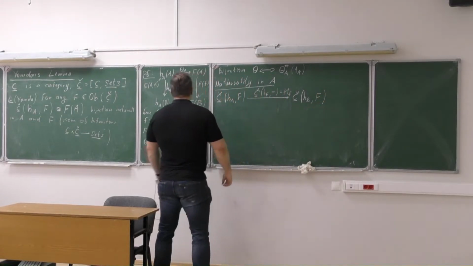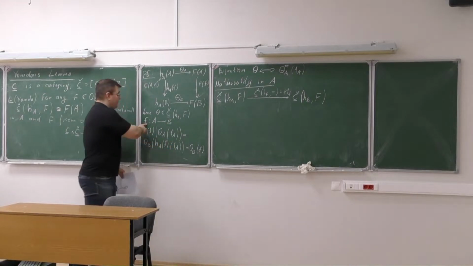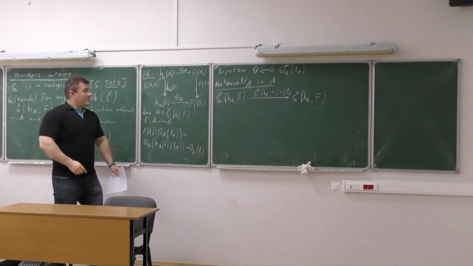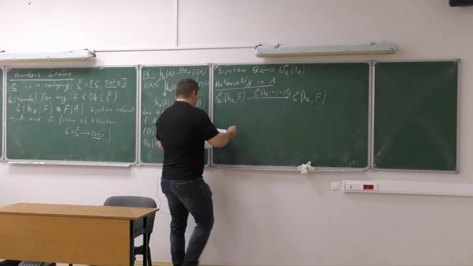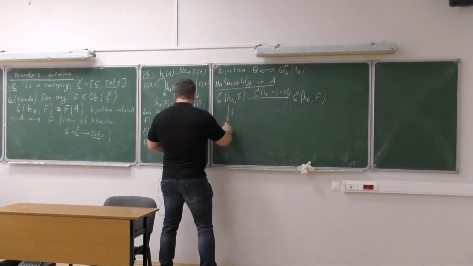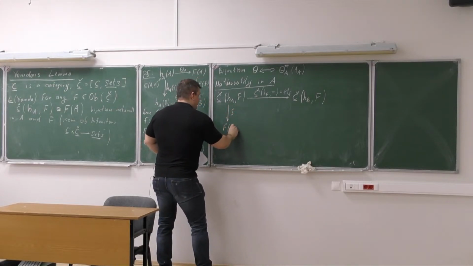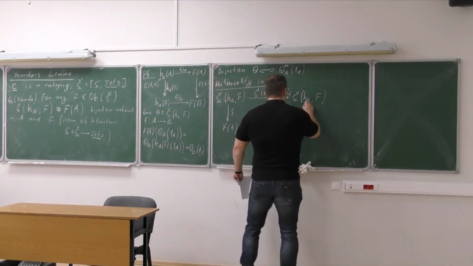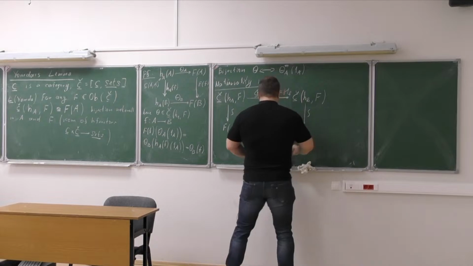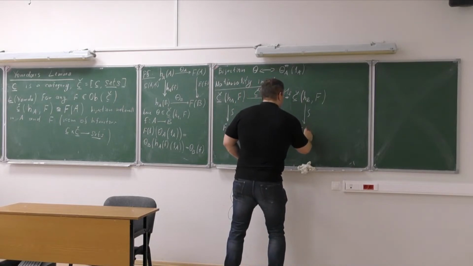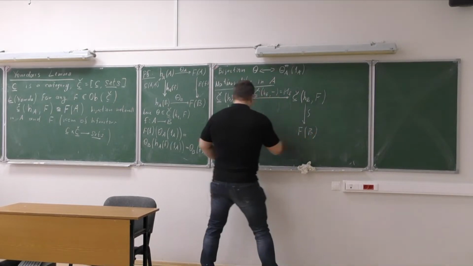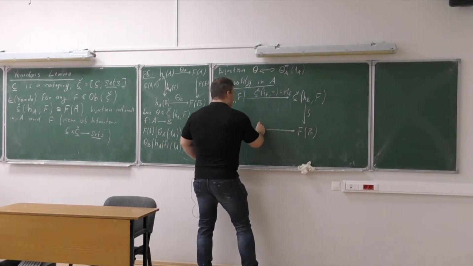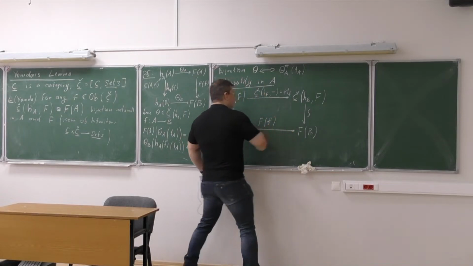So as before, I assume that I have this map f from A to B, the same kind of map. Then this I can identify, by what I already know, with the value of F on the object A, and this can be identified with the value of F on the object B. And here we have functor large F applied to the little f.